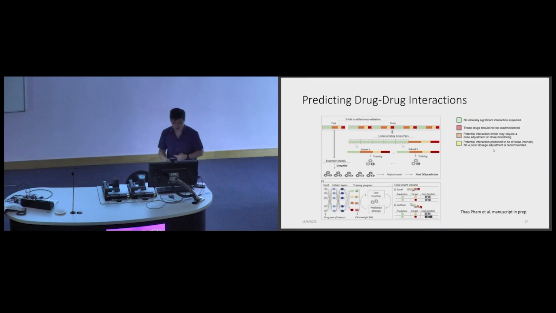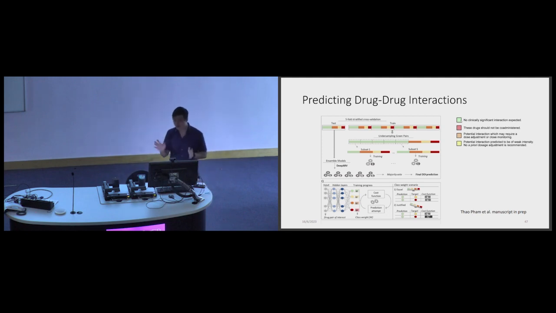And a PhD student there, who I supervise, Tao, has been learning from this human-generated data of drug-drug interaction classes. The pharmacologists have created 4 different levels of drug-drug interaction severity, and you can fit a convolutional neural network to predict drug-drug interaction classes.